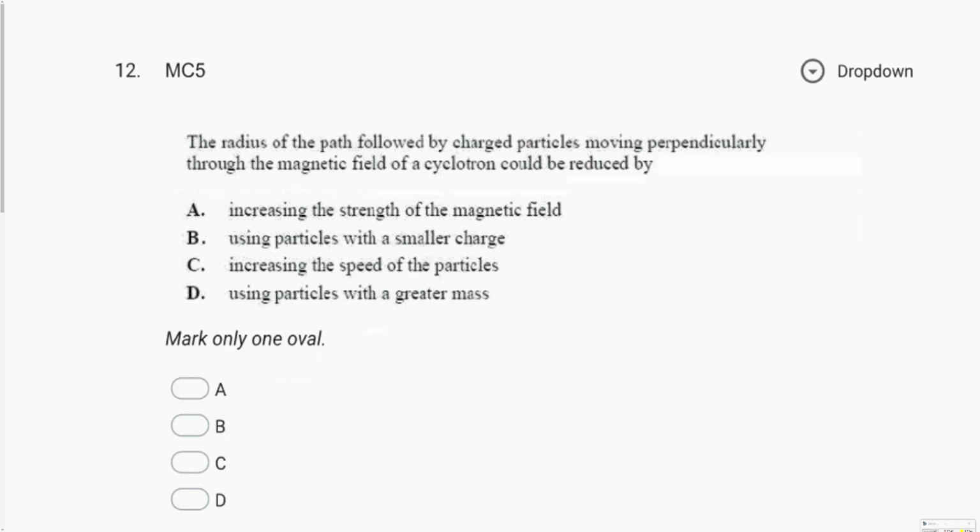Multiple choice number 5. This is a relationship question. You want to find how the radius is affected by other variables. And as all of you know, especially if you're in a relationship, the best way to analyze a relationship is with an equation.